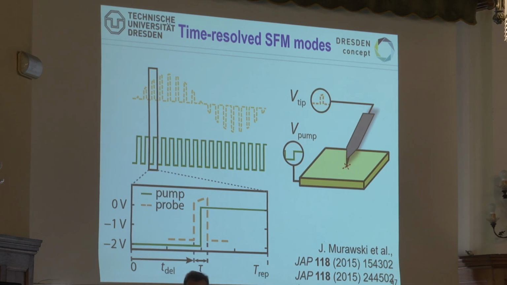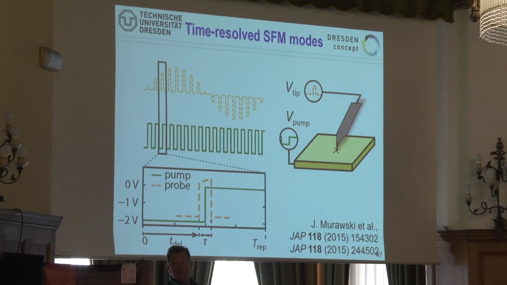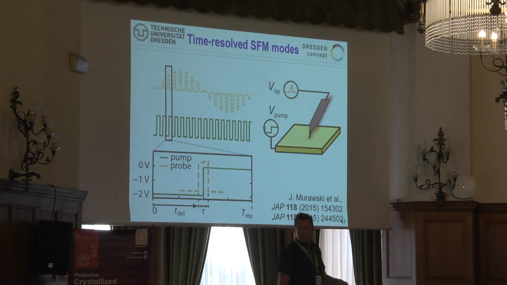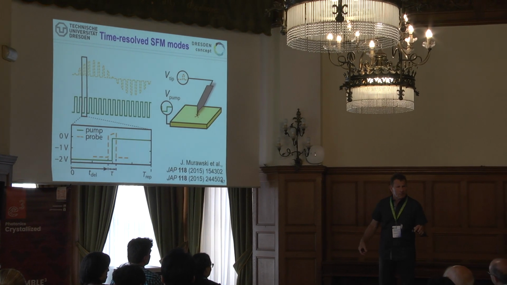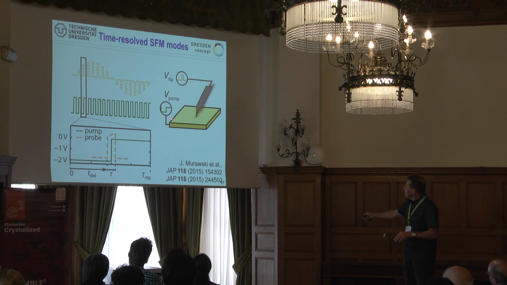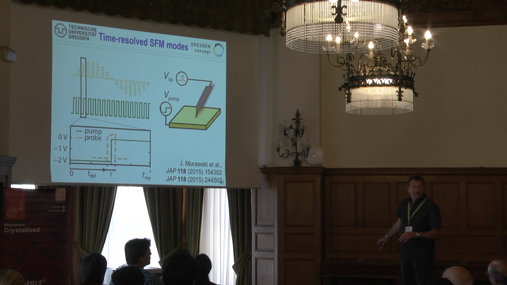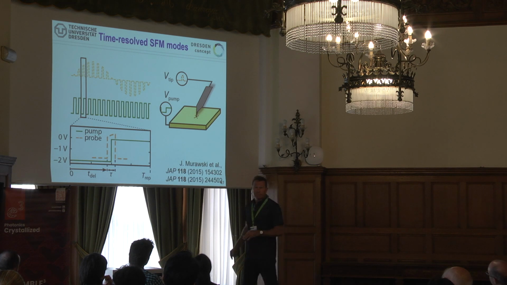We're injecting charges, let's say from this side, with a repetition rate of, let's say, 100 megahertz, which means the charges move, and maybe they are eaten up somewhere because of potential drops, passive dissipation, and so on. So they don't make it to the other end. At the same time, we're applying the same pulse voltage to the tip.